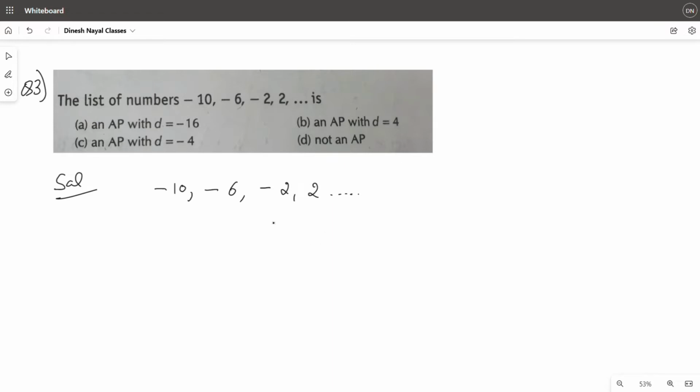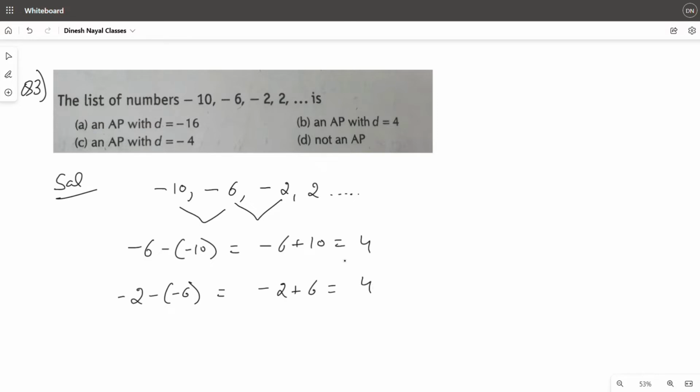We know that if this is an AP, then each consecutive term differs by a constant amount. The difference of these will be -6 minus of -10, that is -6 plus 10, which equals 4. The difference of the next two terms will be -2 minus of -6, that is -2 plus 6, which is again 4.